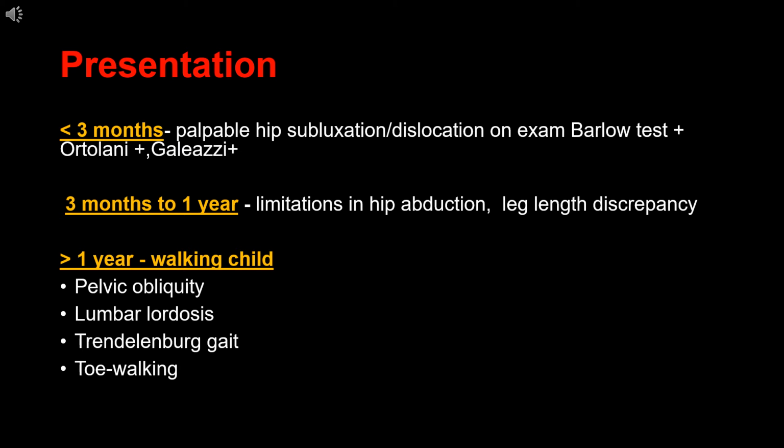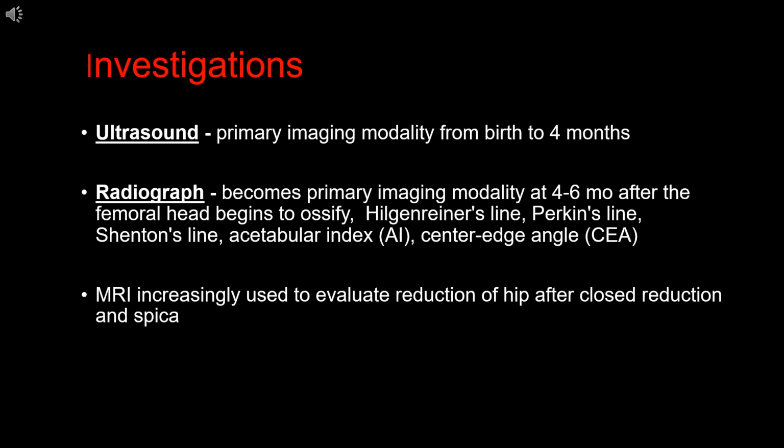More than 1 year, that is a walking child, will present with pelvic obliquity, lumbar lordosis, Trendelenburg gait, and toe walking.